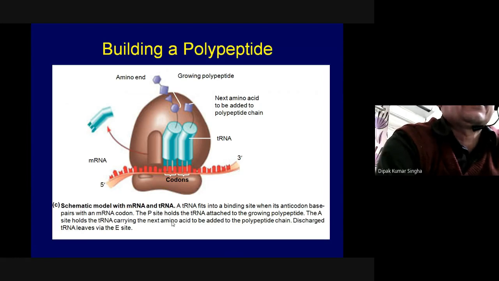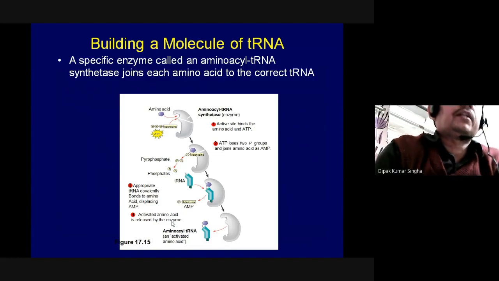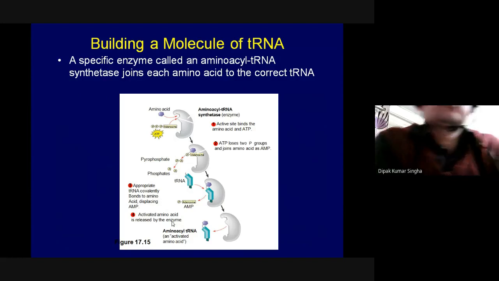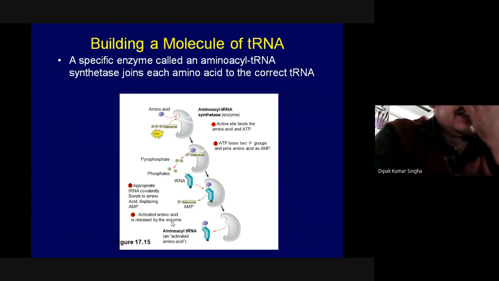exit site. In the binding model of the tRNA, specific enzymes called aminoacyl-tRNA synthetases join each amino acid to the correct tRNA. This is also a very important factor. The amino acid binds to the particular tRNA with the specific anticodon, and that will bind with the codon part of the mRNA.